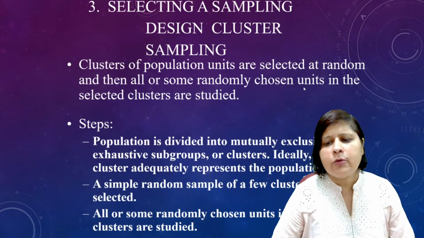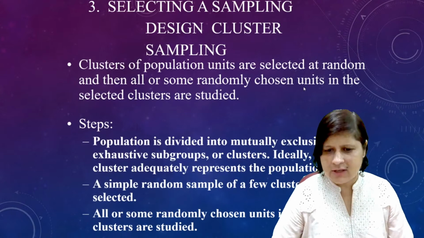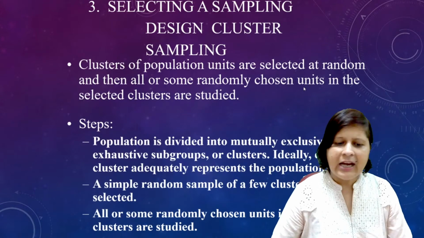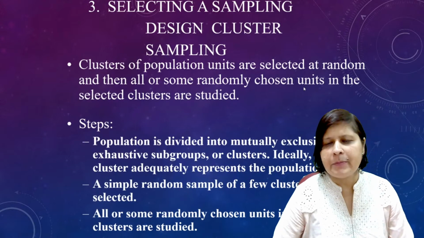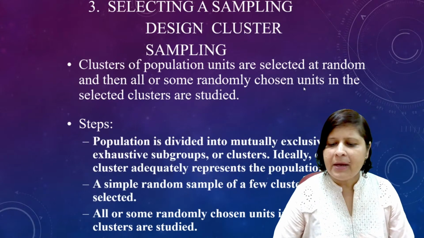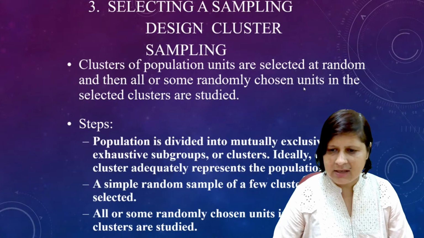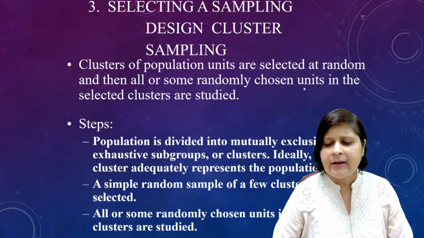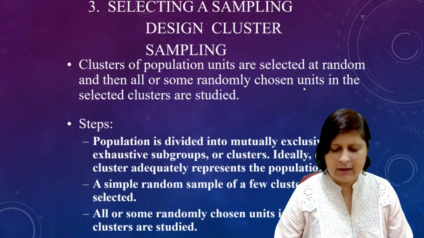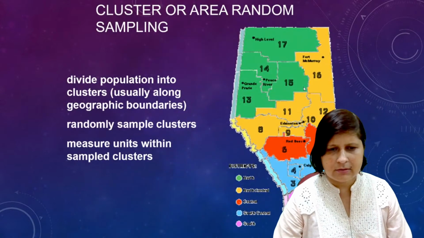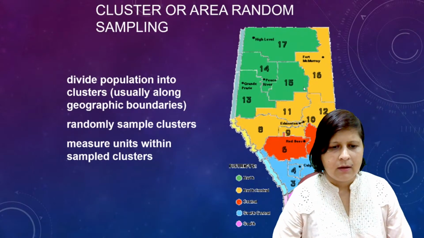The population is divided into mutually exclusive and exhaustive subgroups or clusters. Ideally, each cluster adequately represents the population. A simple random sample of a few clusters is selected. All or some randomly chosen units in the selected clusters are studied. Right?